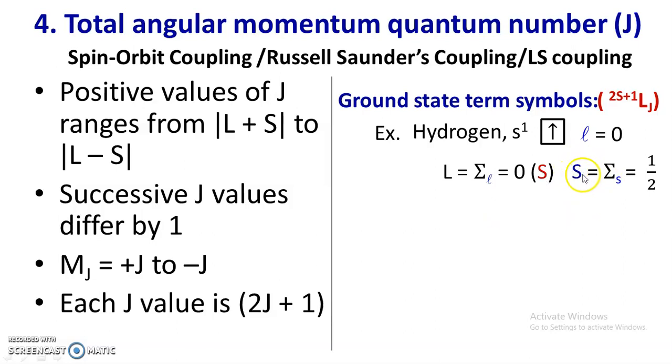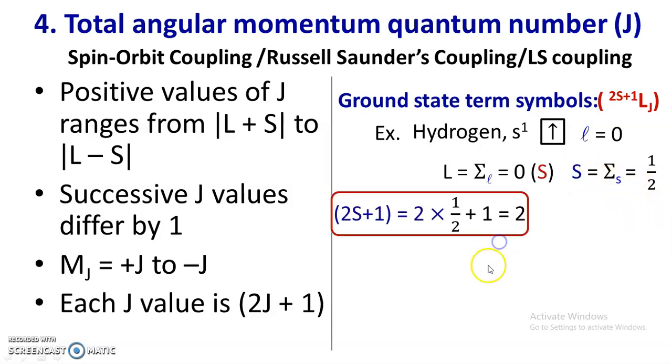Now the resultant spin quantum number S is the algebraic sum of the individual spin values, but here there is only one unpaired electron, and therefore the individual spin value is half, and hence the resultant spin quantum number is also half. So capital S, the resultant spin quantum number, is half.